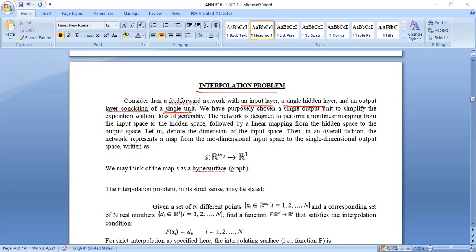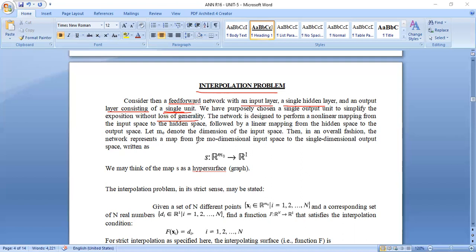So here we have chosen a single output neuron at the output layer purposely. Why? Because a single output unit simplifies the exposition without loss of generality. Whenever we have a single node at the output layer, it gives the results accurately and simplifies the given solution.